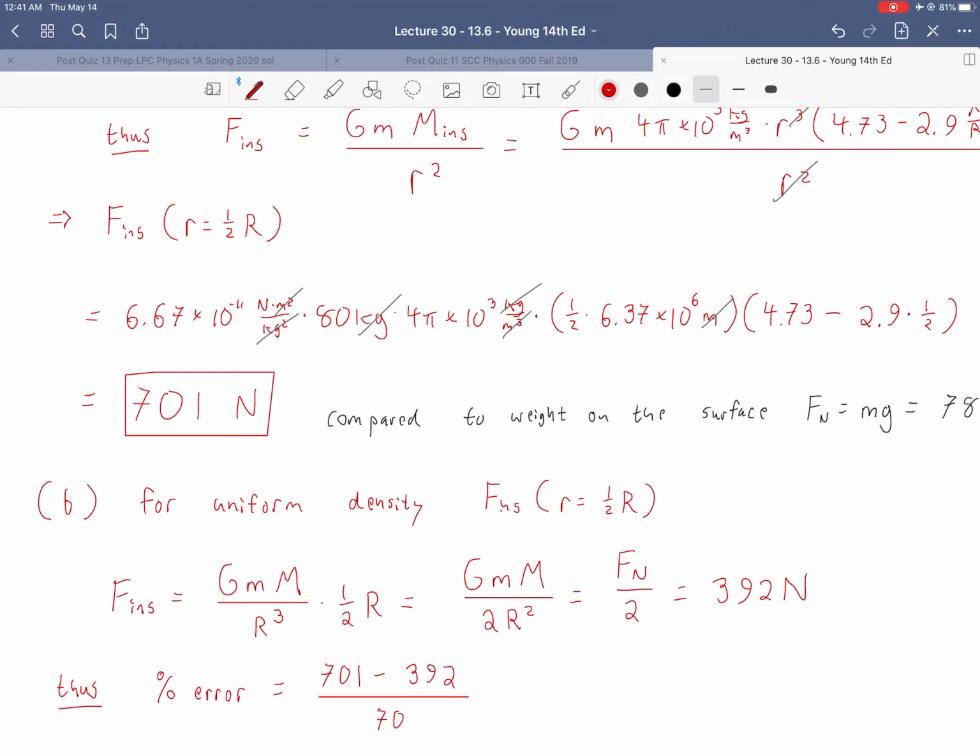And then we're going to divide by what? We'll divide by the more accurate number. So we'll divide by 701, multiply it by 100, see what we get. All right. Wow. 44.1% error.